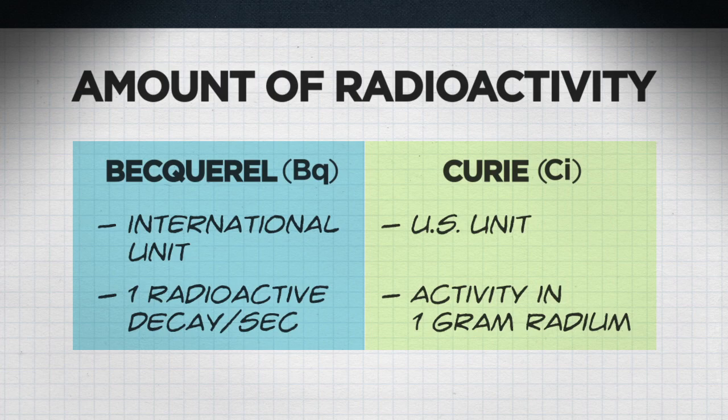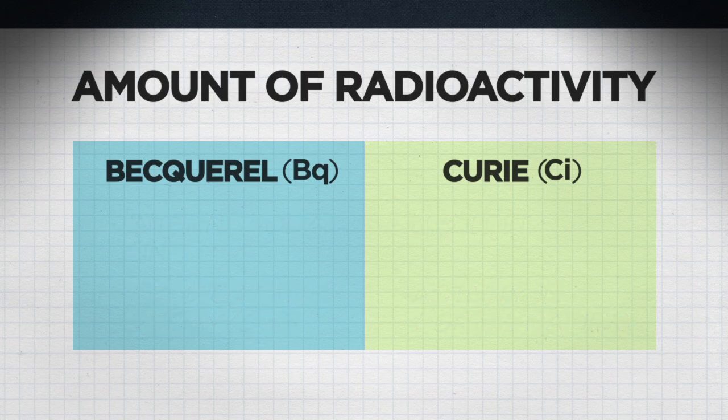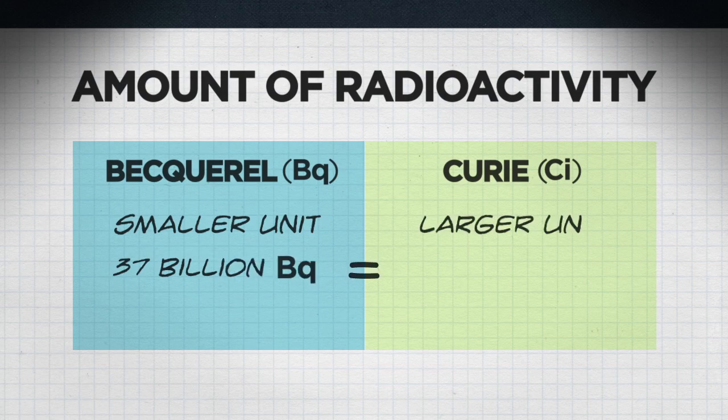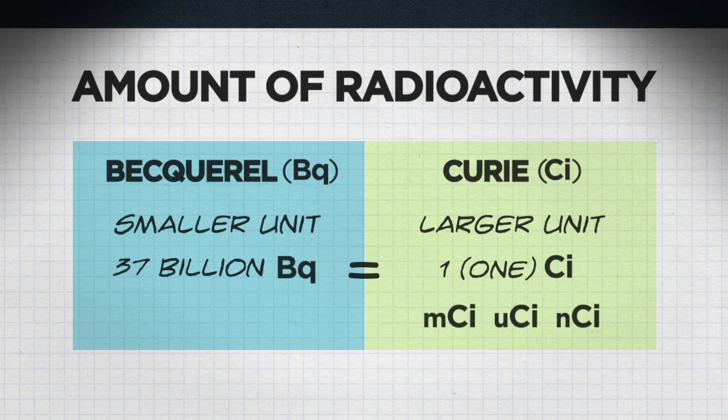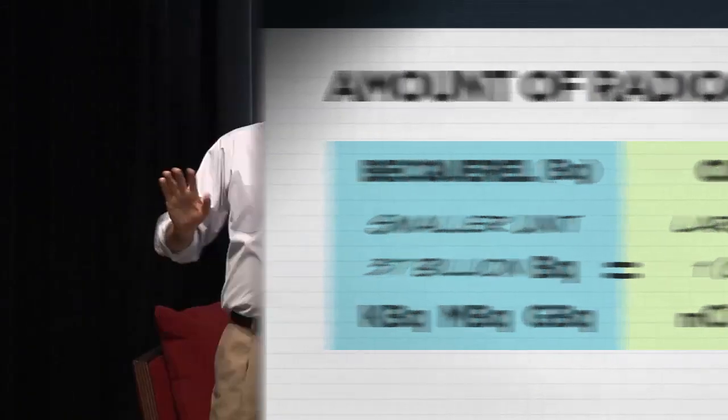They both measure the same thing, they're just on a different scale. Becquerel, 1 disintegration per second, is a very small unit, but a Curie is a larger unit. Because it's so large, it's common to see millicurie, microcurie, or nanocurie. And because becquerel is such a small unit, it's more common to see kilobecquerel, megabecquerel, and gigabecquerel.